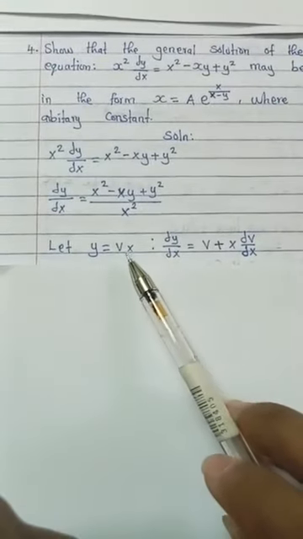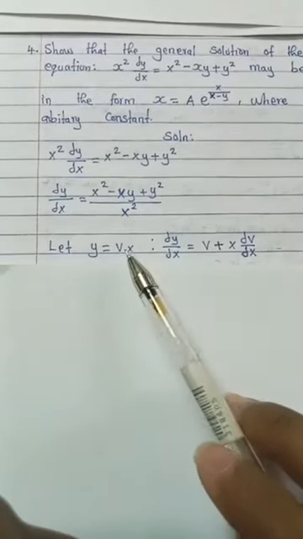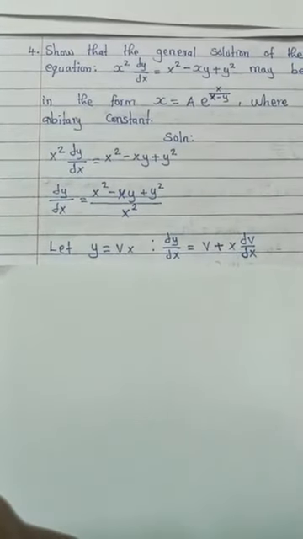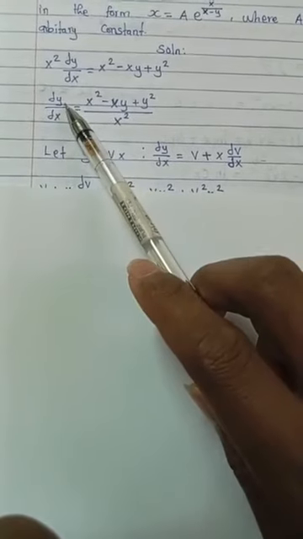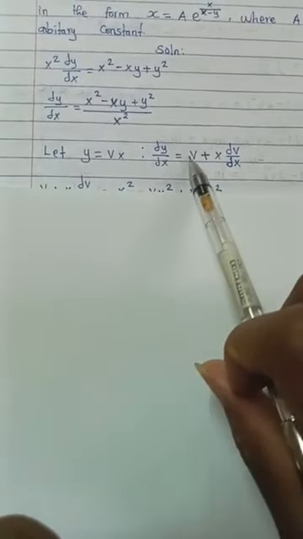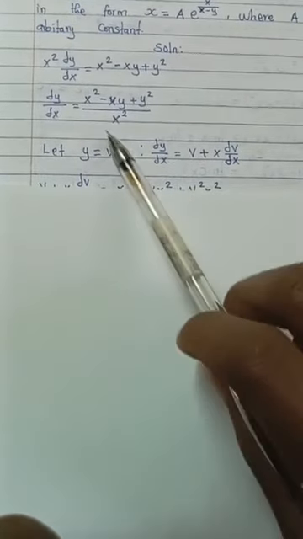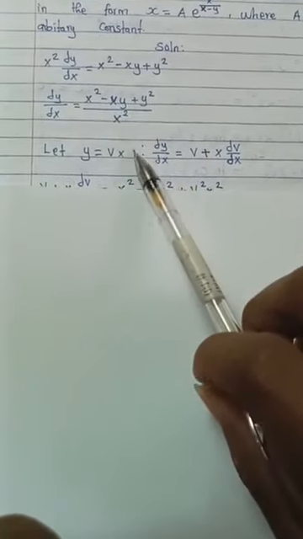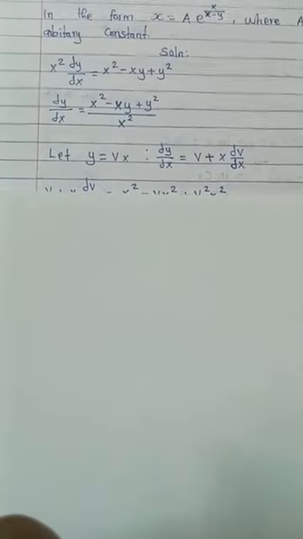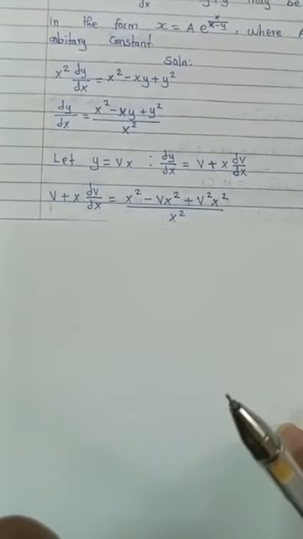Then you hold x constant, you differentiate v with respect to x. So in our original equation, whenever we have a dy/dx, we replace it with v plus x dv/dx, and wherever we have a y, we substitute it with v of x.